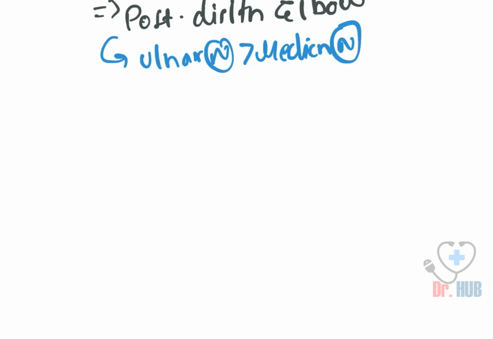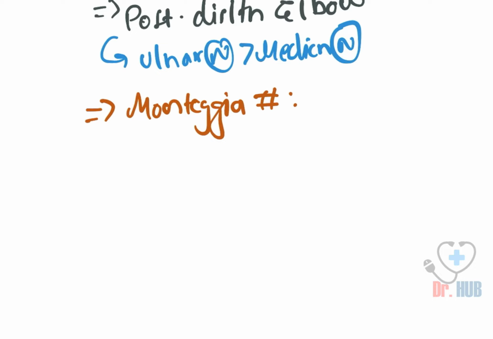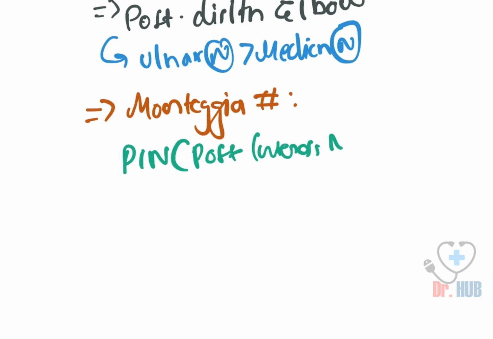Post this, we are looking at the Monteggia fracture. The Monteggia fracture involves the PIN. What is meant by the PIN? It is nothing but the posterior interosseous nerve.